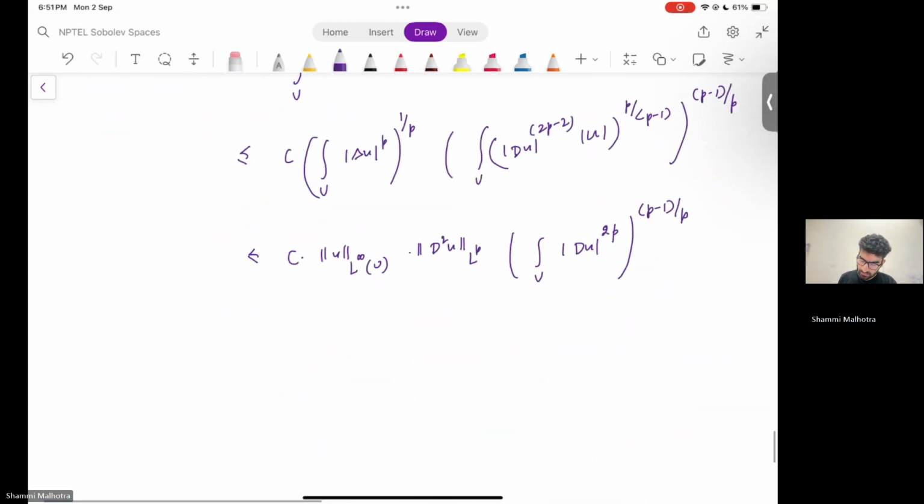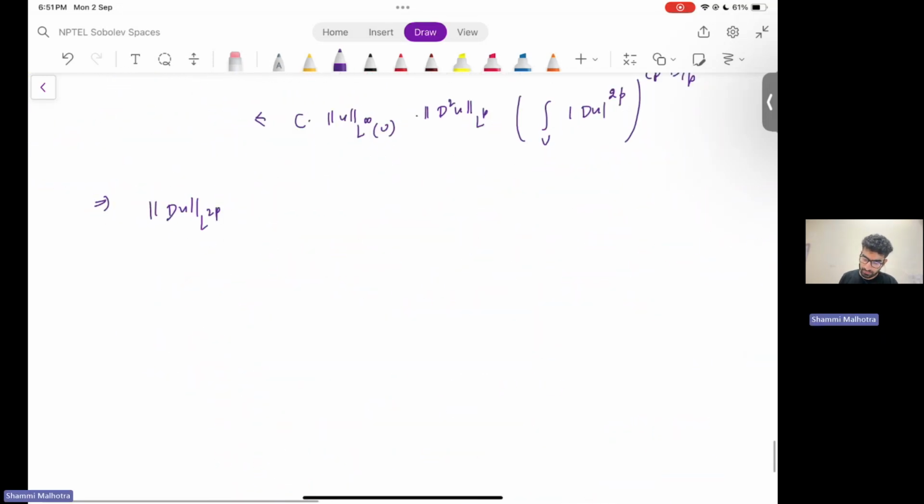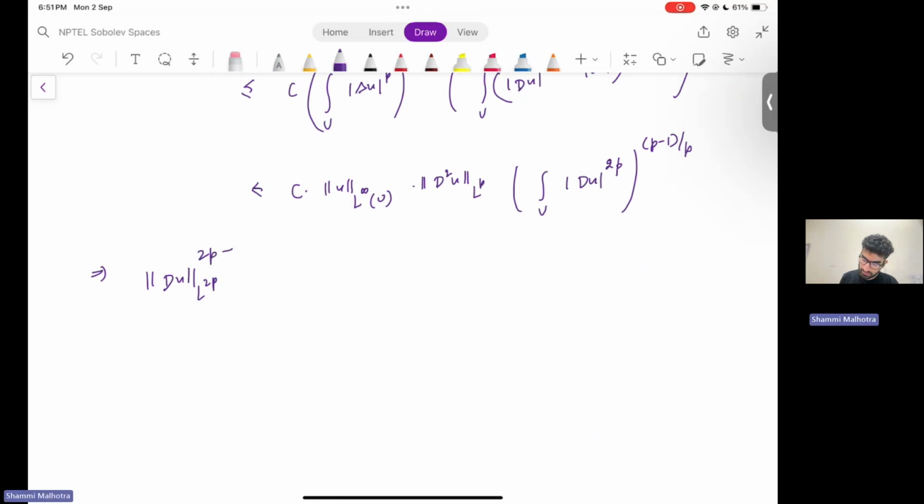This implies the norm of Du in L2p, whole to the power 2p, to the power 2 upon p minus 1, is less than or equal to c times the L infinity norm of u and the LP norm of D2u.